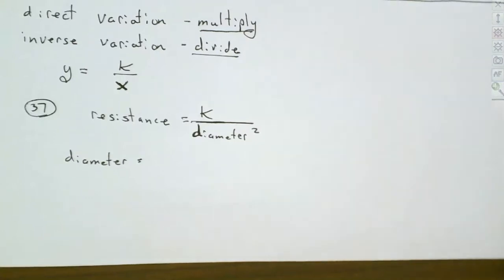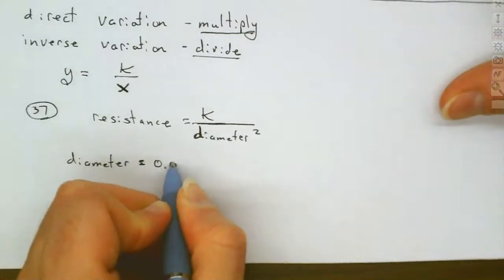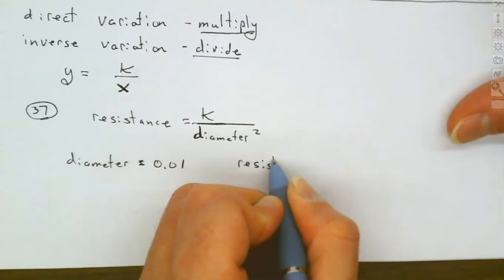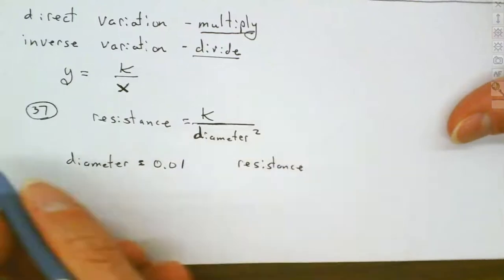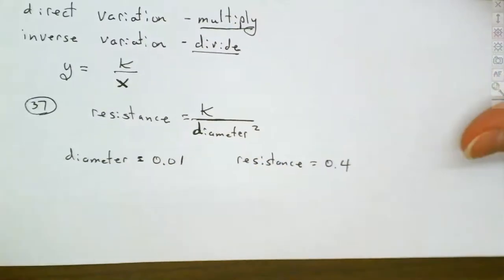Now, it could be cubed or it could be square root as well, and it'll tell you those things. But in this case, it says inversely as the square, so that's why that diameter is squared. Now, the diameter of this wire is 0.01, and the resistance is 0.4. So we're going to find our K.